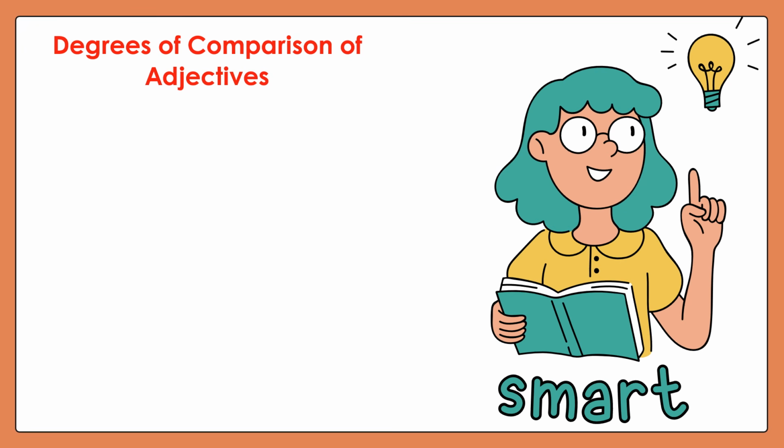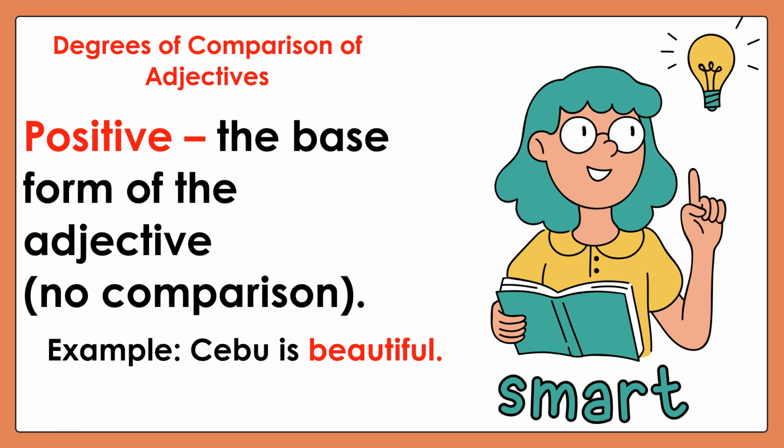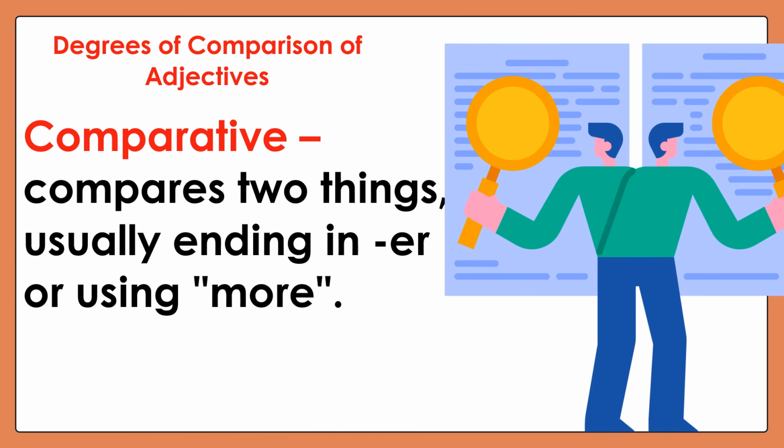Degrees of comparison of adjectives. Positive, the base form of the adjective. No comparison. Example, Cebu is beautiful. Comparative, compares two things usually ending in ER or using more.